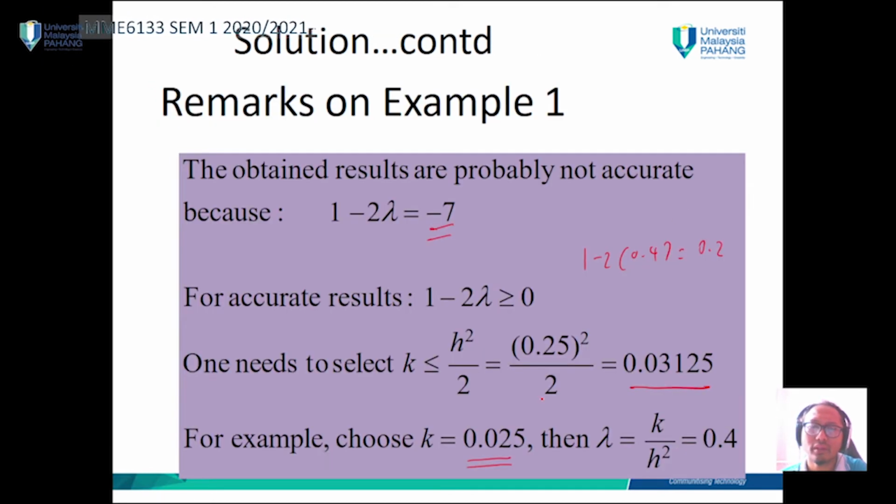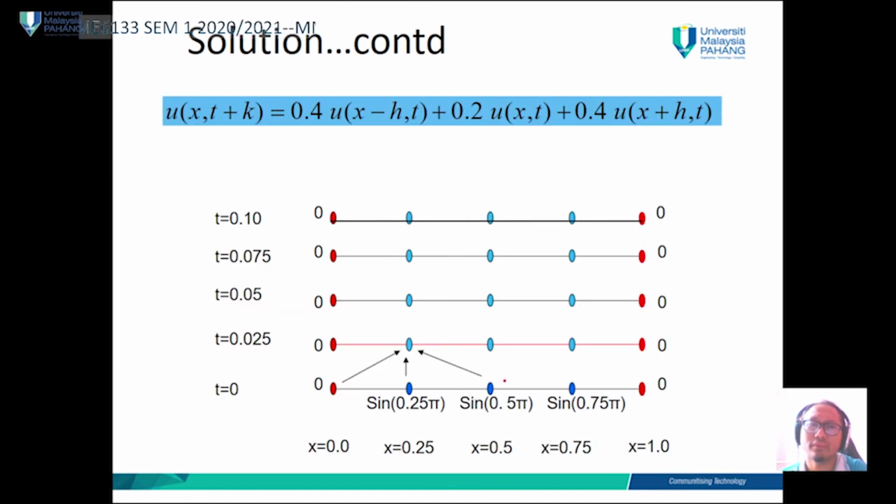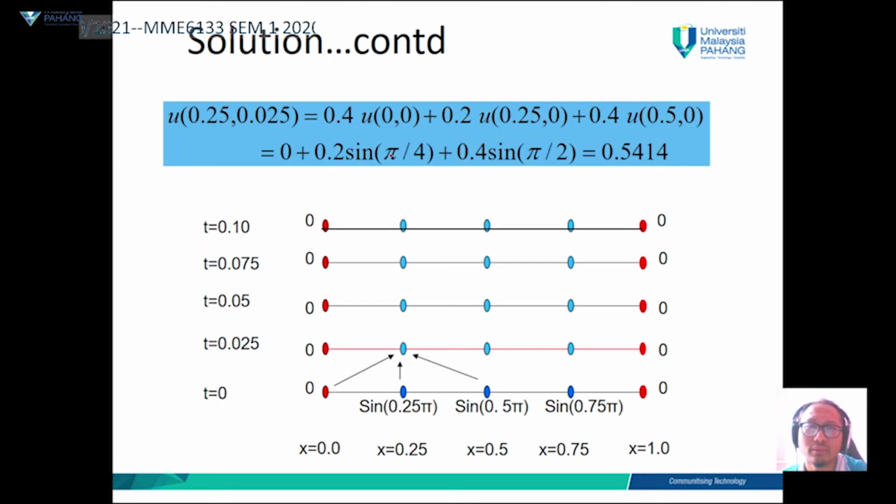So let's use the value 0.025 for k, the interval of the time. We are going to change the value of k to 0.025, and using the same equation, this time we are going to get the value for the first node as 0.5414.